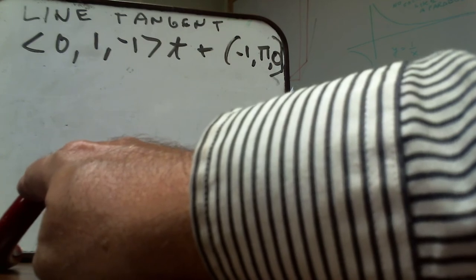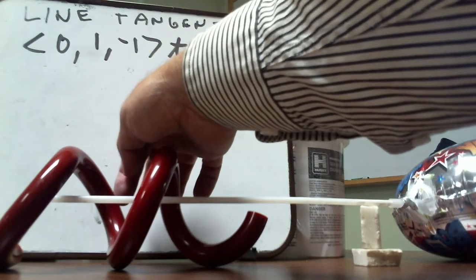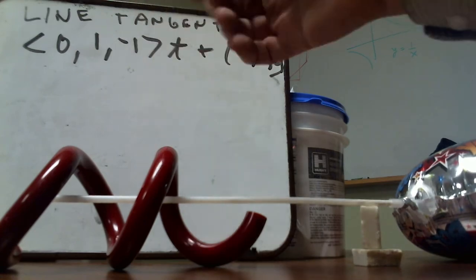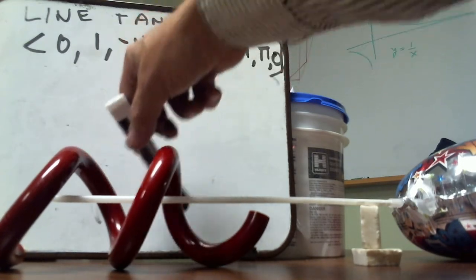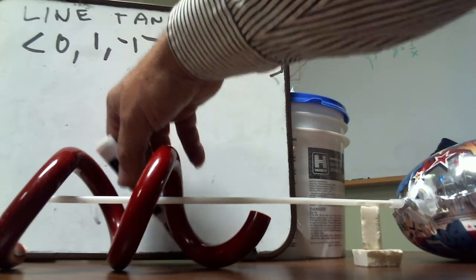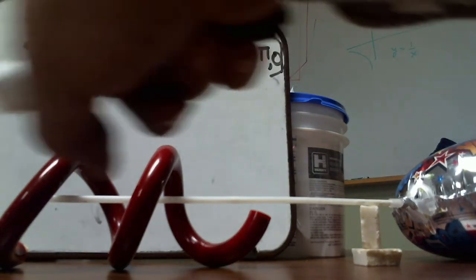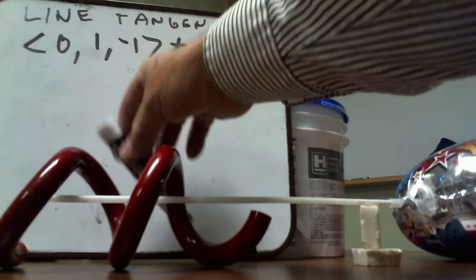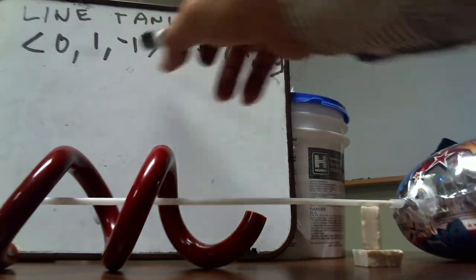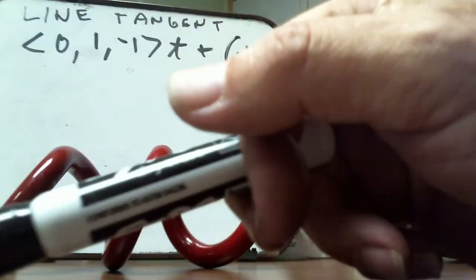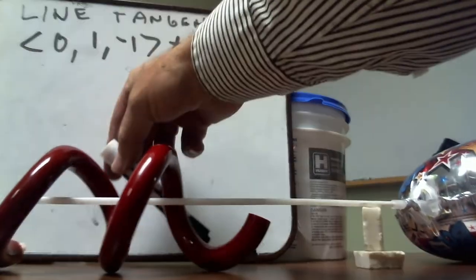So t equals pi will be over here. If you look at that vector, the tangent there has its y coordinate increasing, because the y's are going from left to right, but the z coordinates are going down. So the z coordinates are decreasing. So this 1, -1 makes sense. It's pointing in the direction of this.